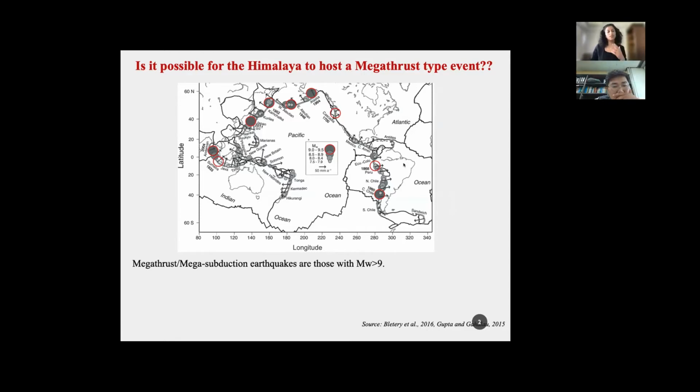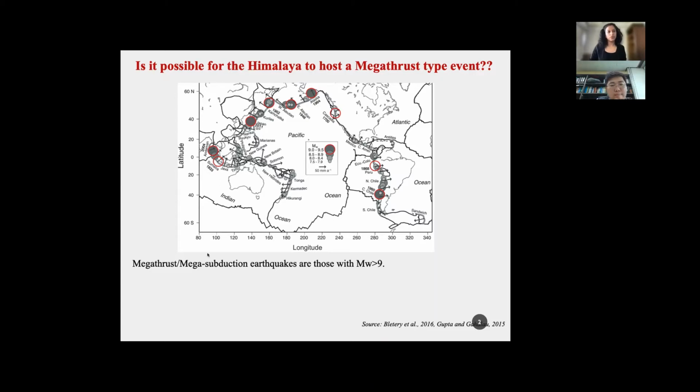Mega subduction earthquakes are those which occur along a subduction plate boundary and have a moment magnitude of 9 or more. In the past, in Gutenberg's classification, this mega thrust earthquake was not included, but later on it was added to the magnitude list.